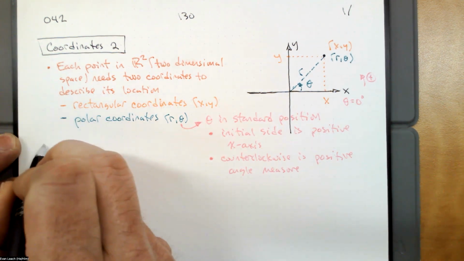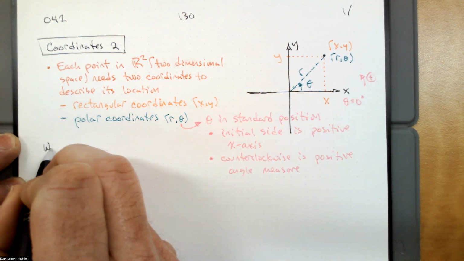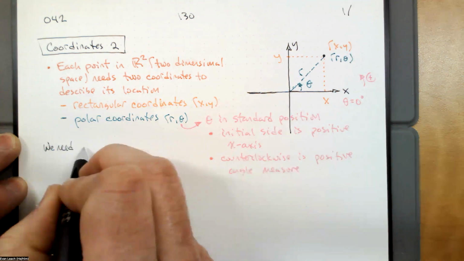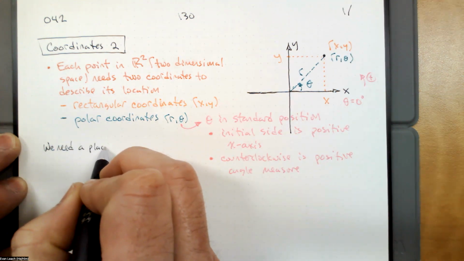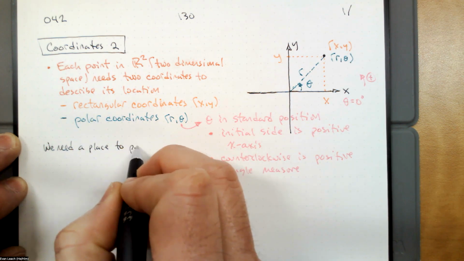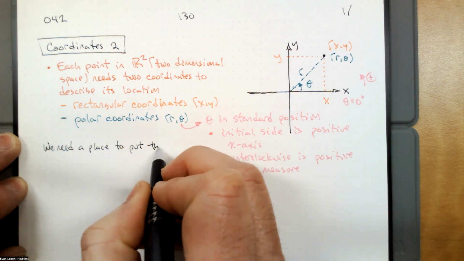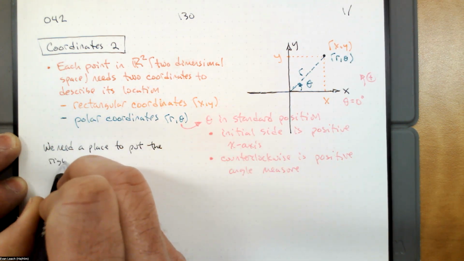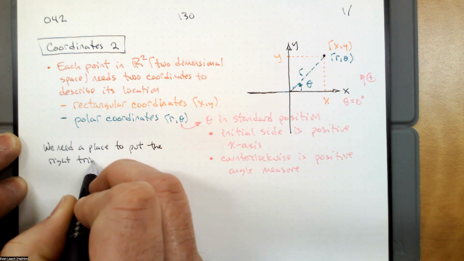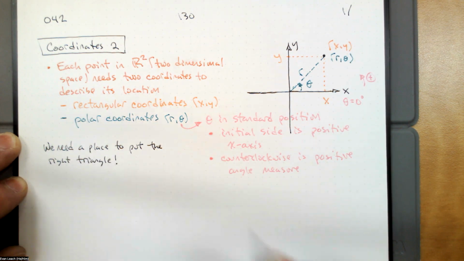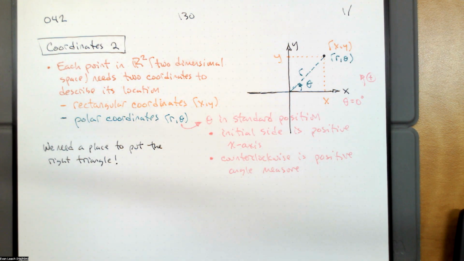We need to figure out a way to put a right triangle into this picture and use it in coordinates.